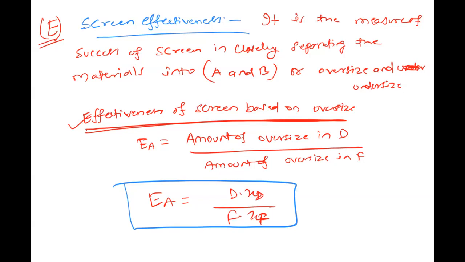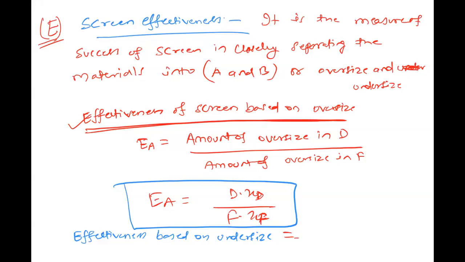So can anyone tell me effectiveness based on undersize? Effectiveness based on undersize will be what? Means undersize and underflow.